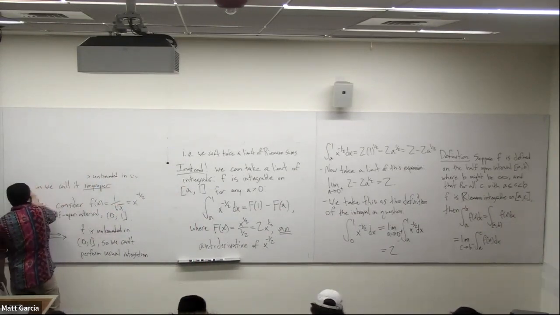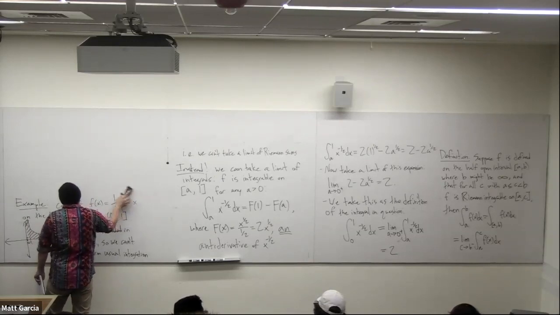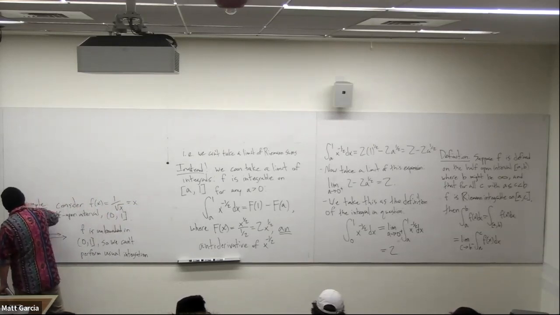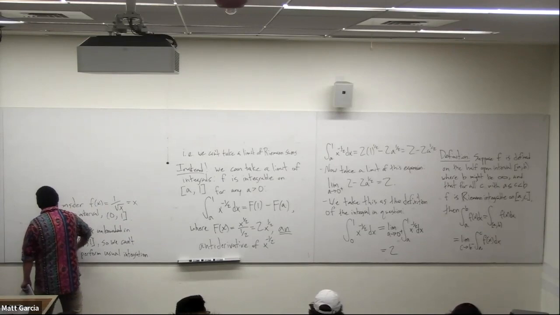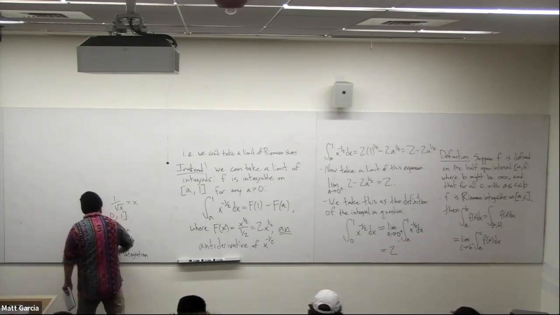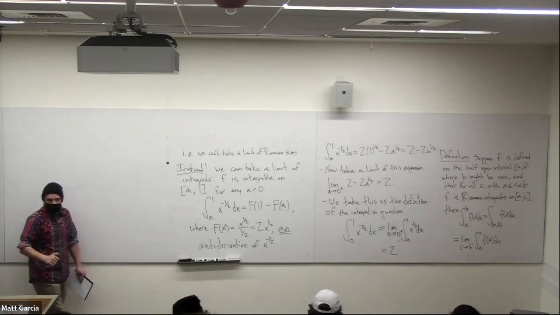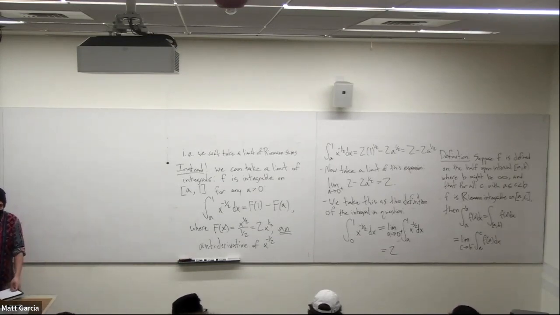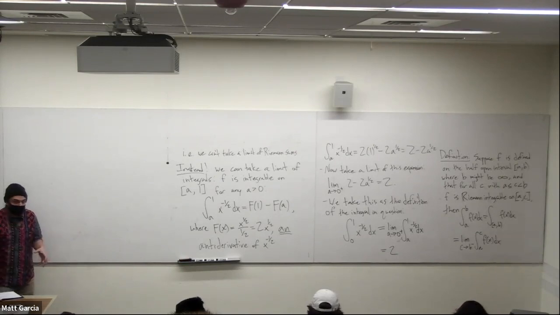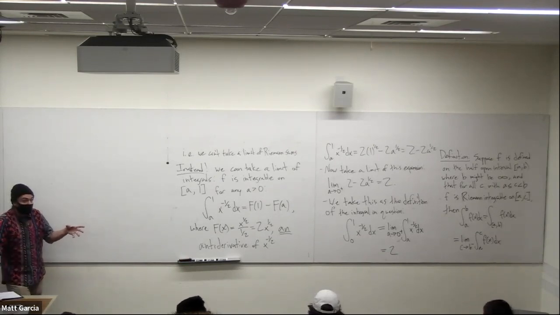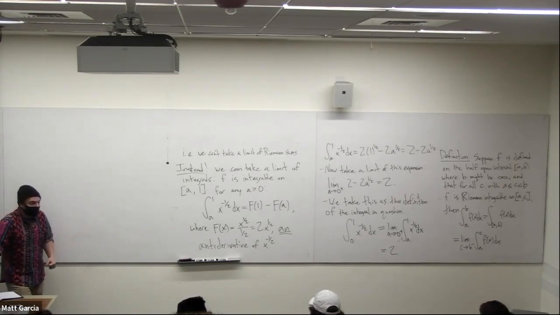So just remind me, what do I mean by Riemann integrable? This is just the standard notion of integration that we learned first, that the integral can be computed as the limit of Riemann sums.